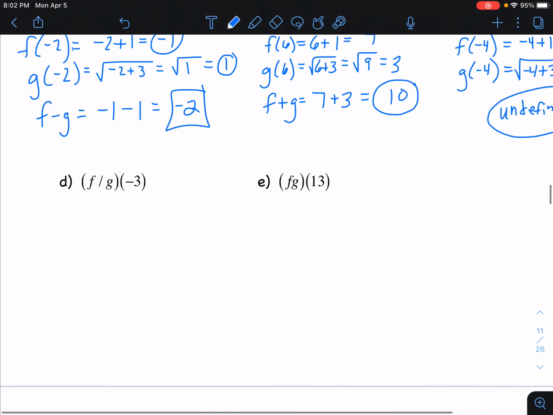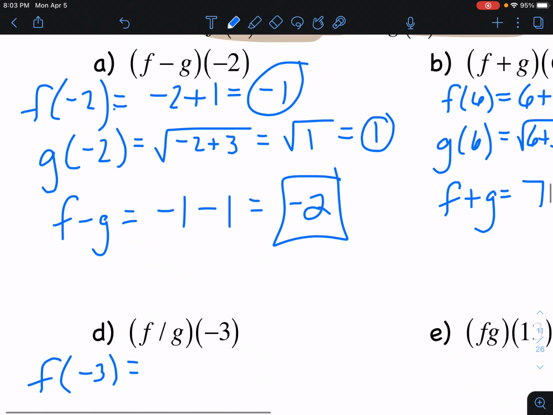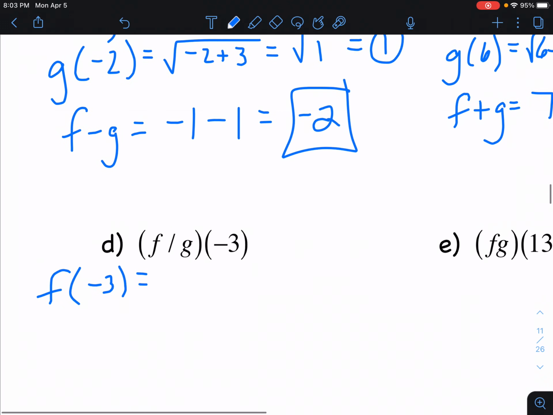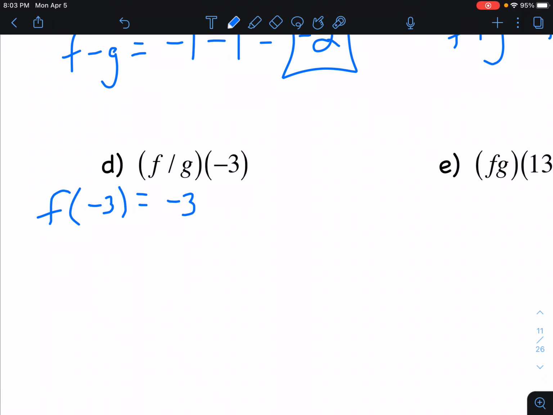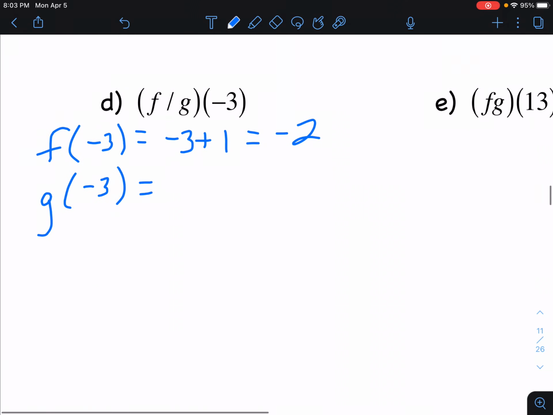Okay, let's take a look at letter D. We have f divided by g. So f of negative 3, double checking, x plus 1, will be negative 2. And then g of negative 3, that was the square root of x plus 3, so the square root of negative 3 plus 3.